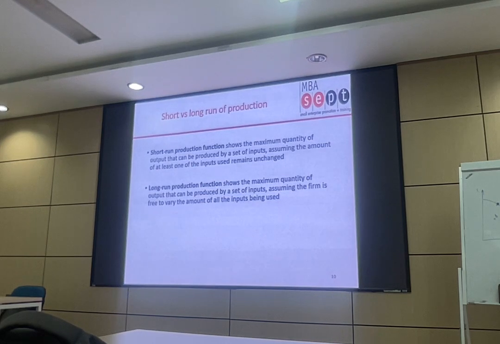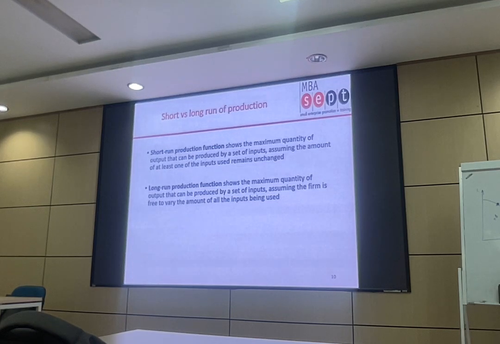But the long run is the period long enough for any input to vary. So we have the assumption that the firm is free to vary the amount of all the inputs being used.